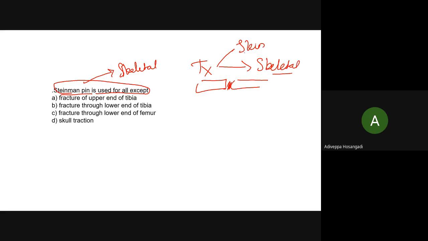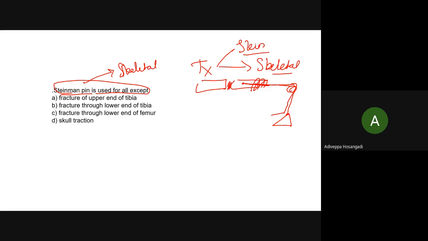Pay attention. Skin traction is where, on the distal part of the fracture, you apply some bandage over the skin and put some weight. But if you are putting a skeletal traction, you have to put a rod through and through, and apply the rope, apply the weight across the pulley.